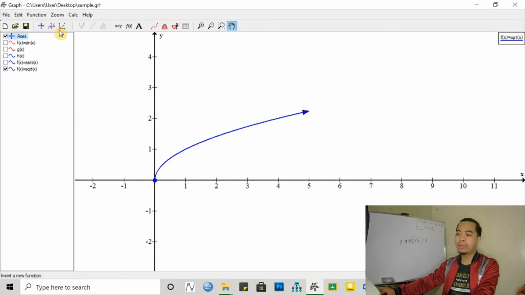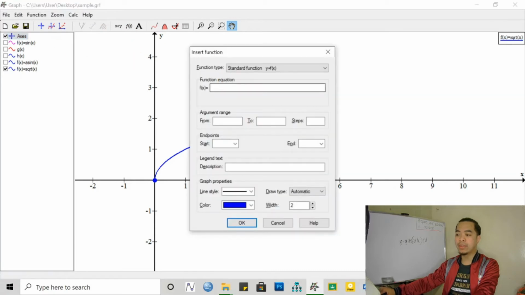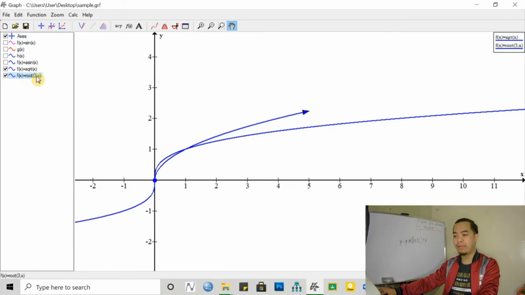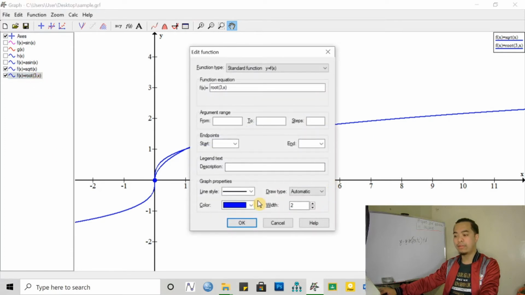How about if we want to graph a root function whose index is higher than 2? For example, the cube root of x. That's the function that we want to graph. So our command should be root, and then the index, that's 3, and then our independent variable x. So that's the graph of the cube root of x.